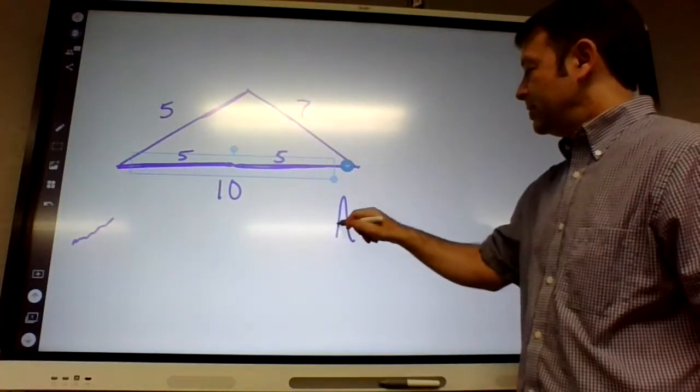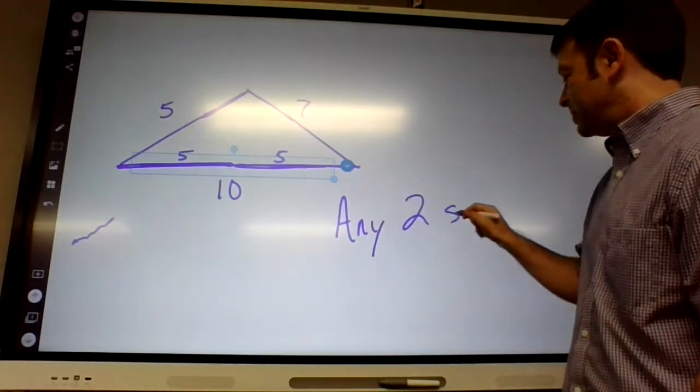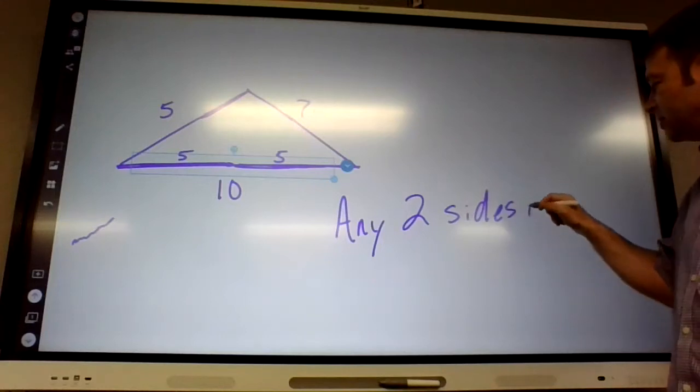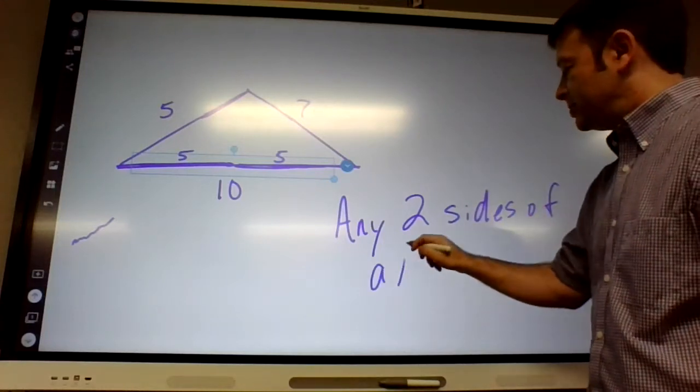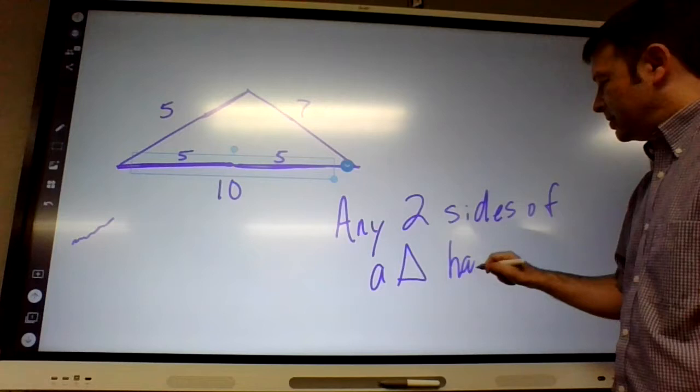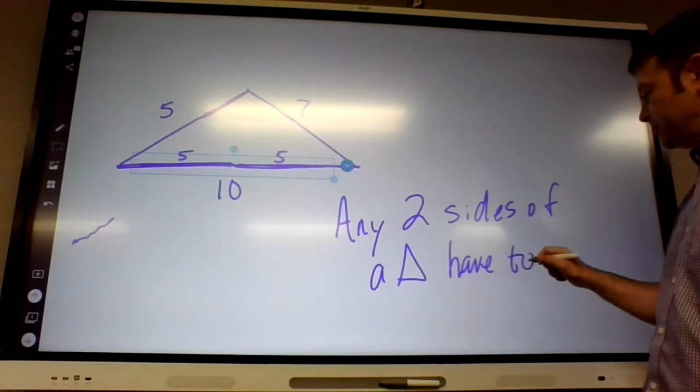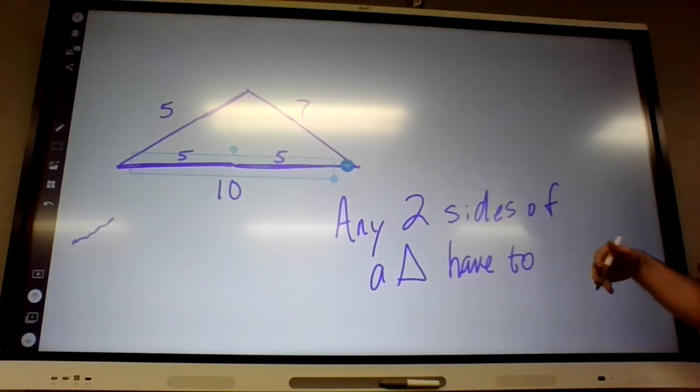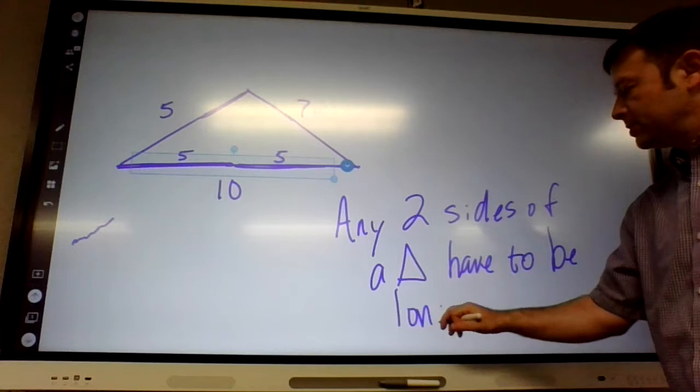So, any two sides of a triangle, together they have to be longer than the third side.